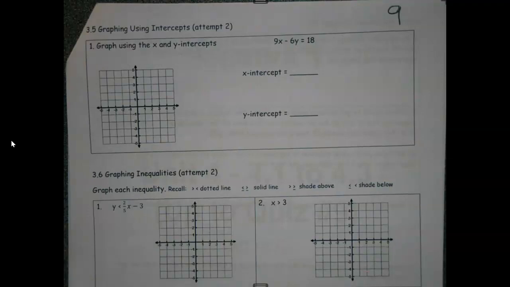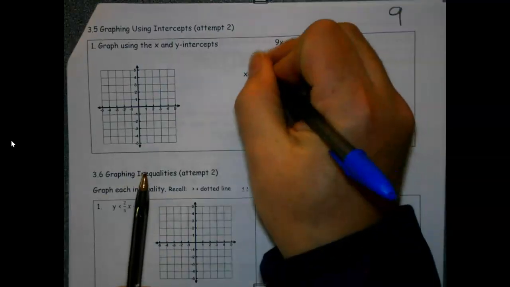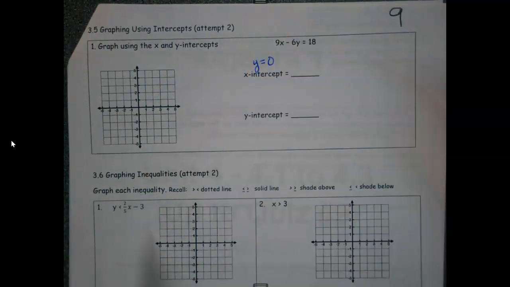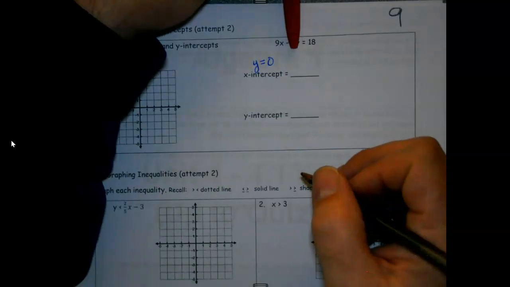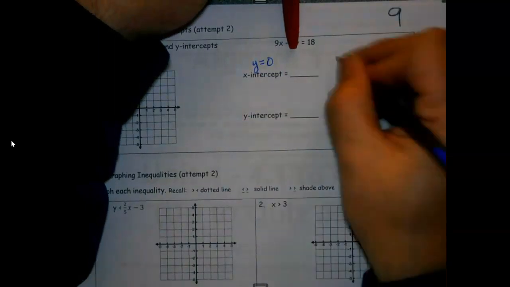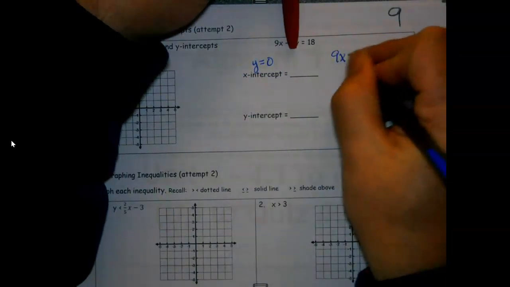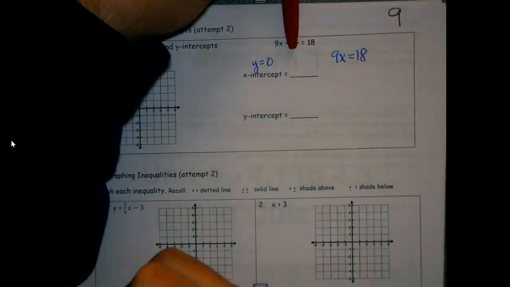Okay, graphing using intercepts. Reminder, when we're finding an x-intercept, that occurs when y equals 0. So if I plug in 0 for y, the y term goes bye-bye. So we're just going to take the x term and set it equal to the answer.